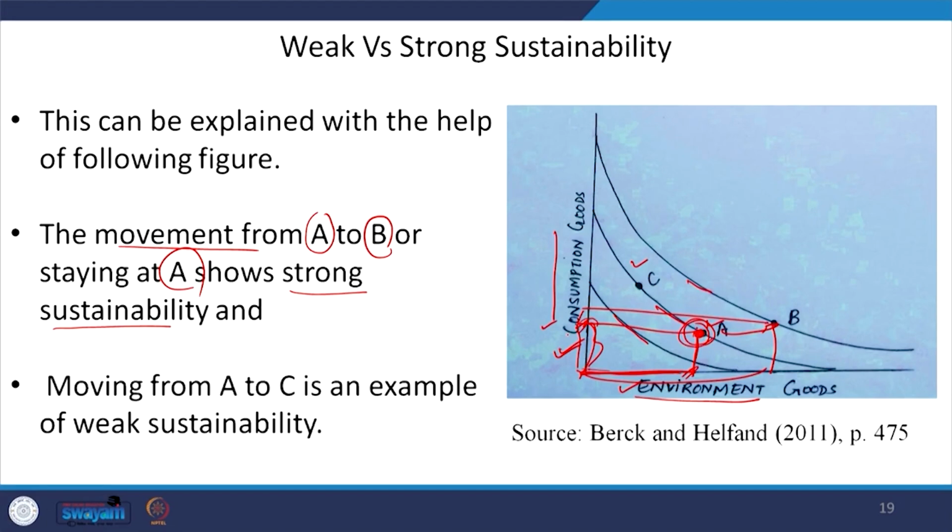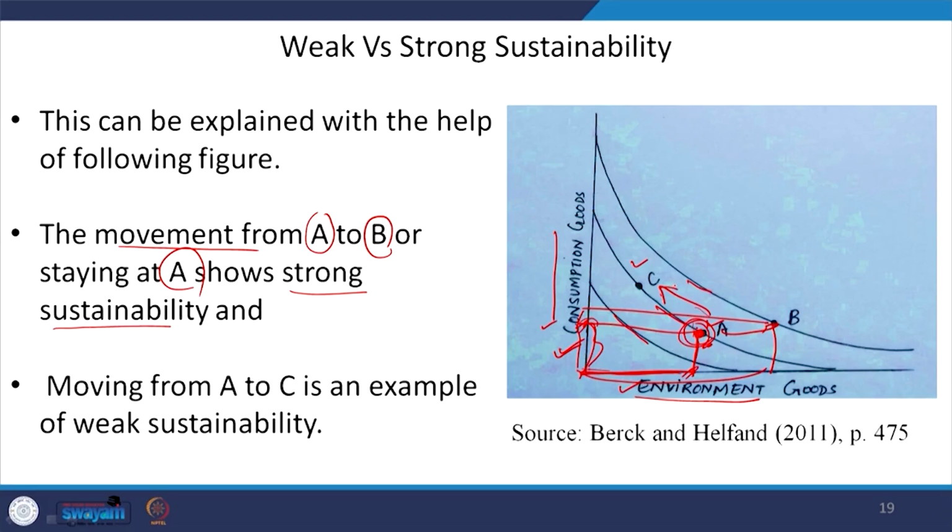But if this person is moving from point A to point C on the same indifference curve, and as you understand, the same indifference curve means the consumer is getting the same level of satisfaction by moving from A to C.